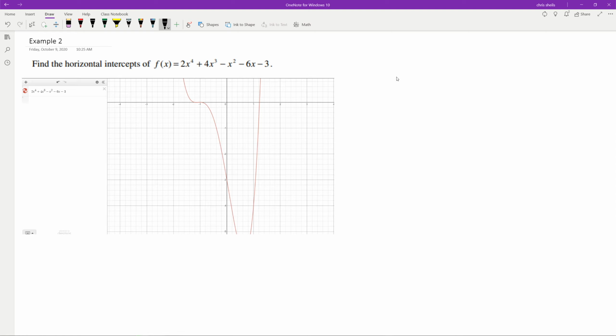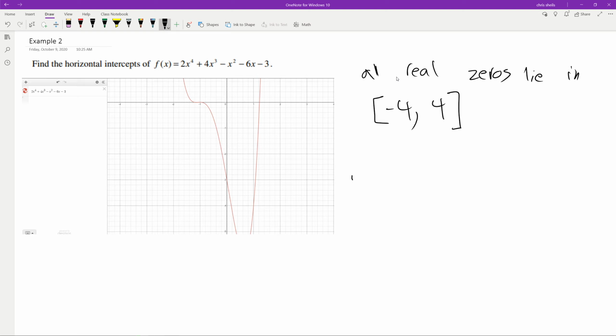Remember that all real zeros lie in the interval. We actually found Cauchy's bound for this previously. All of my real zeros for this exact polynomial lie between -4 and +4, which is why I've restricted the window here.